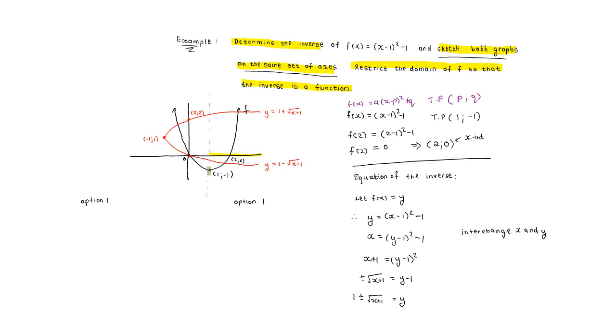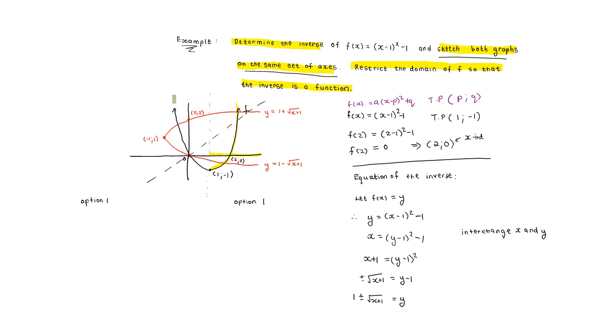That means that if we go to our original function, we're going to start at 1 and draw this piece over here. Now if you draw in the line y equals x, you see that this arm that we've highlighted, when you reflect it about the line y equals x, will go up.